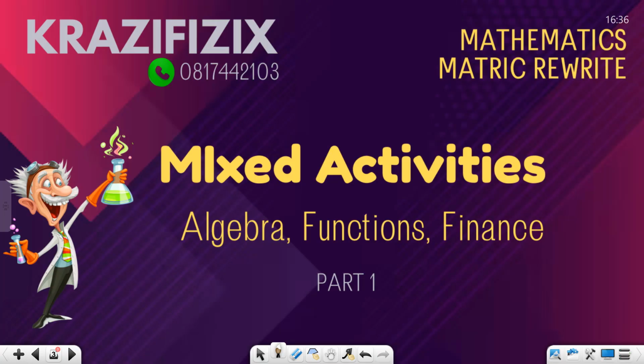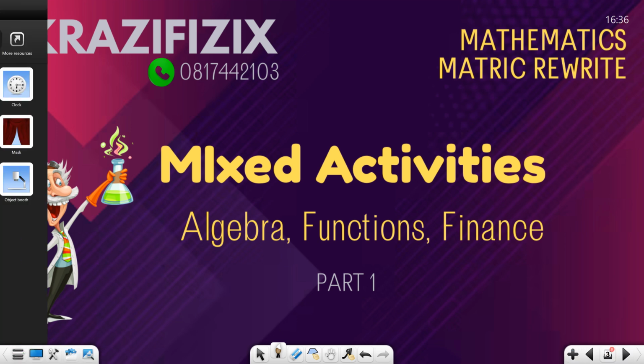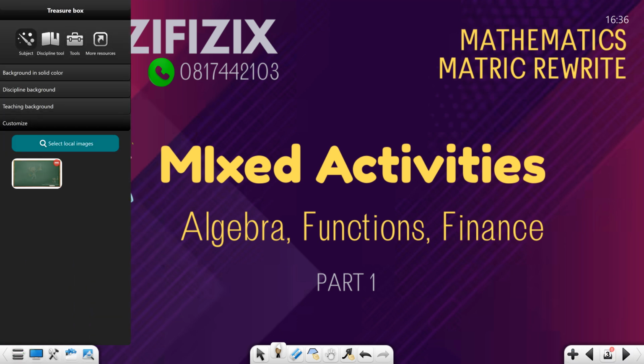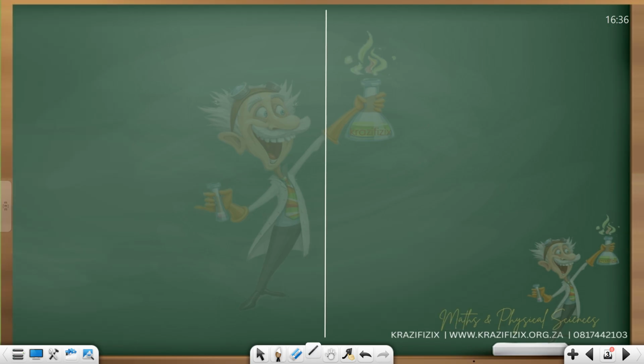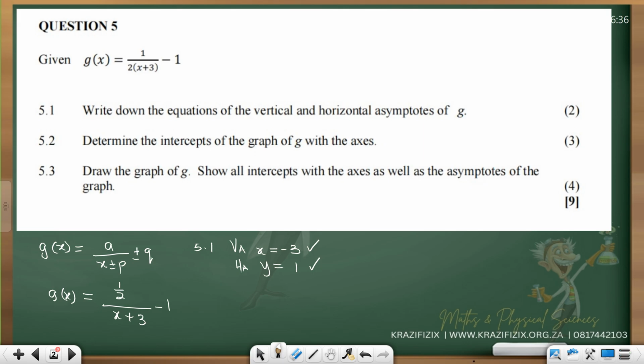Now, determine the intercept. Okay, so let's go determine the intercept. You can just use this as a marking guideline. So we know that y equals 1 over 2x plus 3 minus 1. Is that the correct equation? Yes.